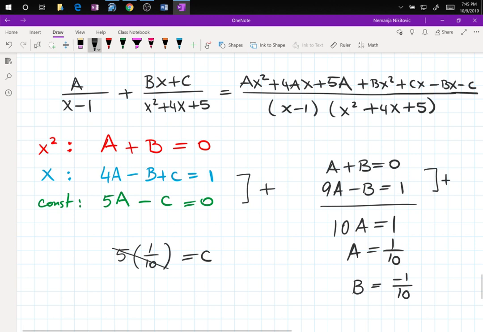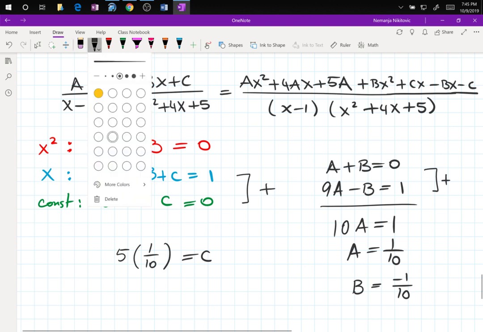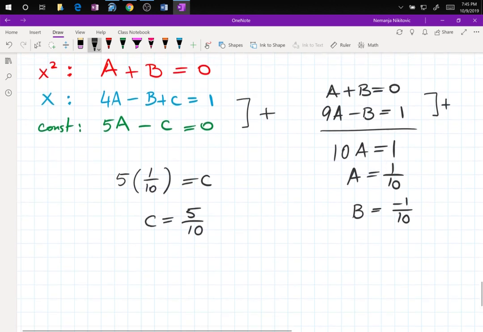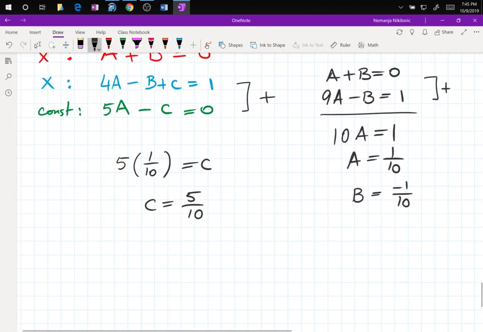I'm just going to leave it as 5 over 10 because then all my constants are over 10 and I can pull that out. So C is 5 over 10. So now the integral, we kicked 20 out.